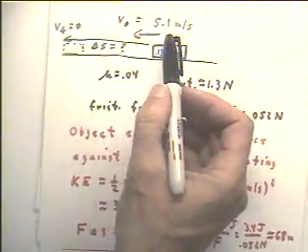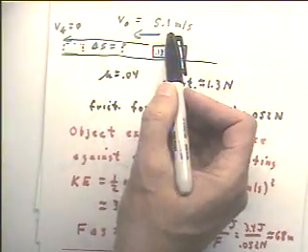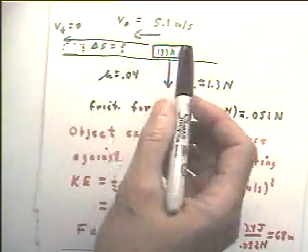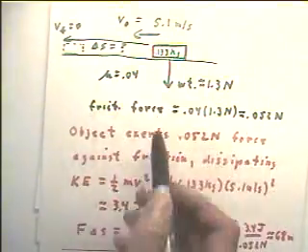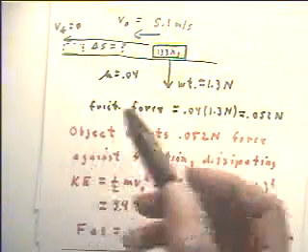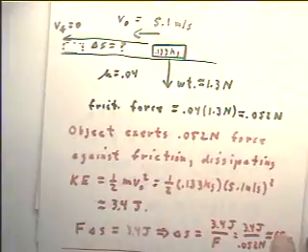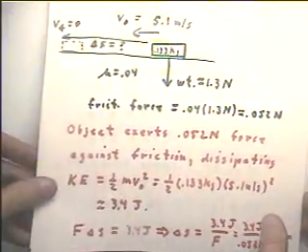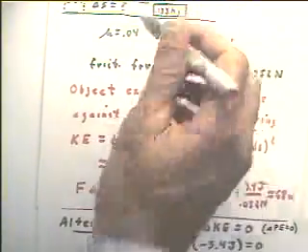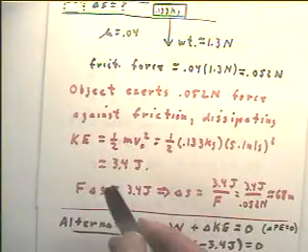Now the object has a kinetic energy here, the 3.4 joules that we found previously. If we do the 1/2 mv squared for this mass and this velocity, of course, we get that 3.4 joules. That's the energy that was imparted to the object by the rubber band.